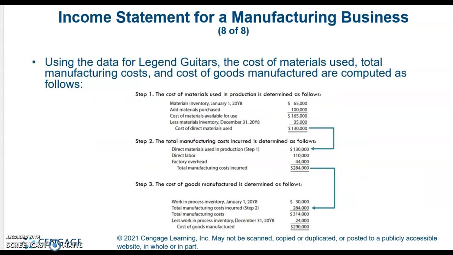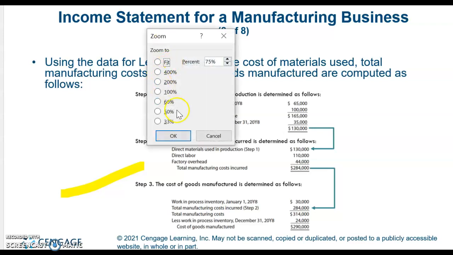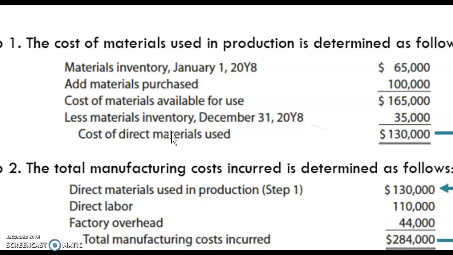Here is a step-by-step of calculating the cost of goods manufactured. Now this is for the Legend guitars. So I'm going to try to zoom in for y'all. Let's do 200%.